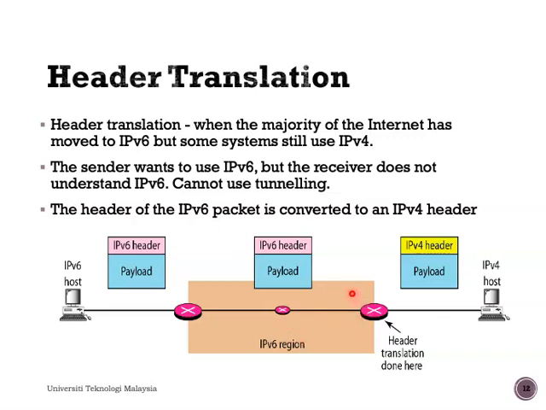However, before it reaches the destination, the header translation process is performed at the final router. The header translation translates the IPv6 header to an IPv4 header before it finally arrives at the IPv4 host.